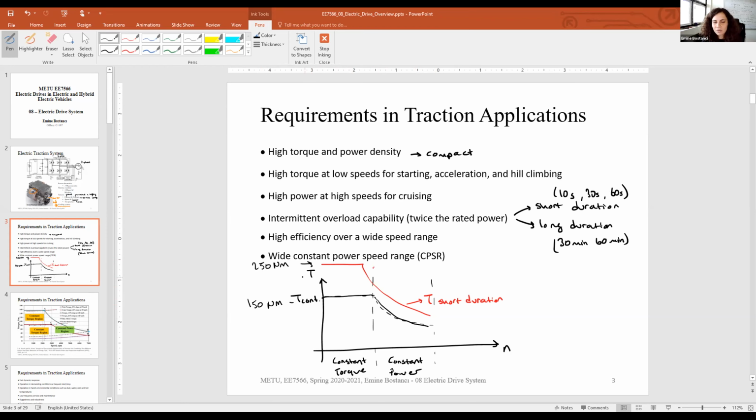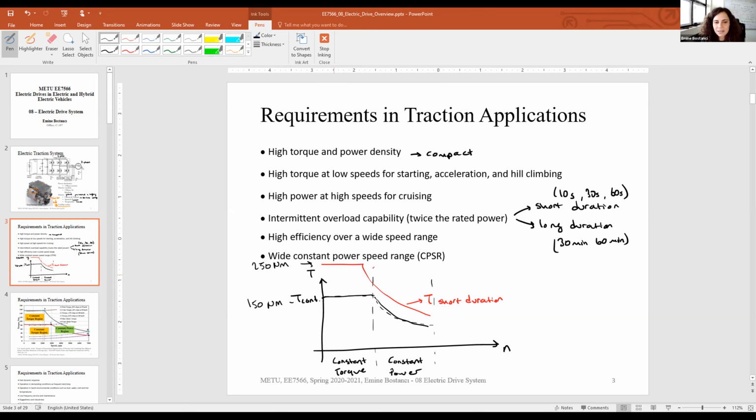And actually, if you apply a very high torque for 30 minutes, there is not such an application. You will just go beyond your high speed limits. So you are very familiar with that from your projects: it is good to have a high torque, but you don't need it for a long period. You just need it for a short period. Based on that, we do our design accordingly.